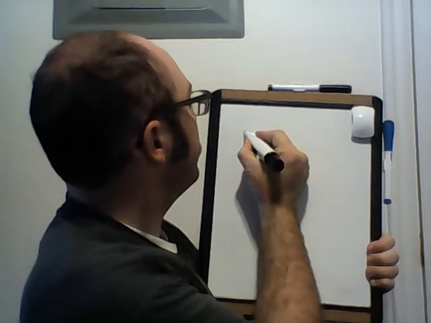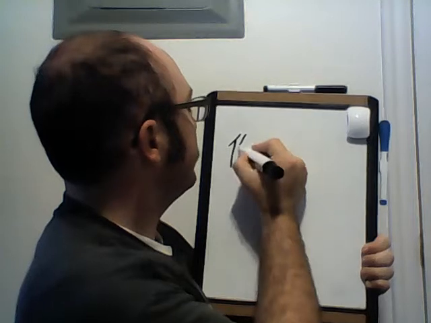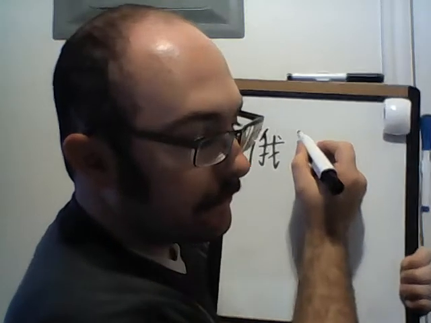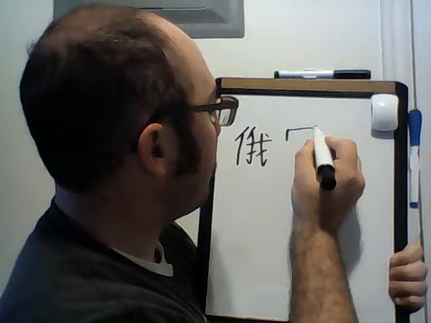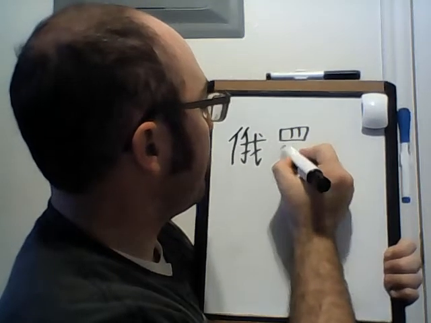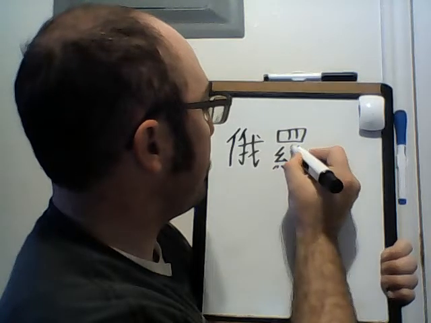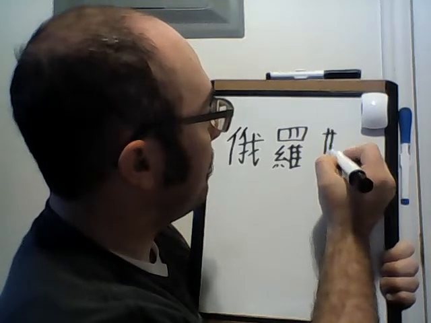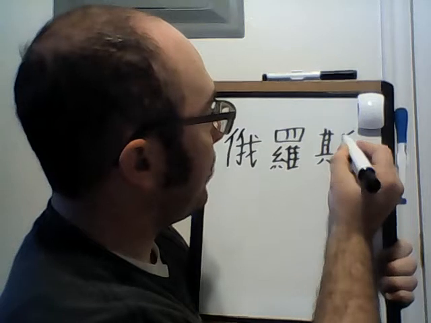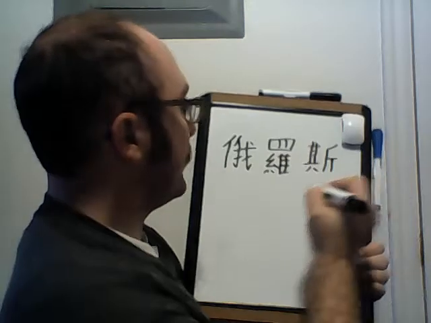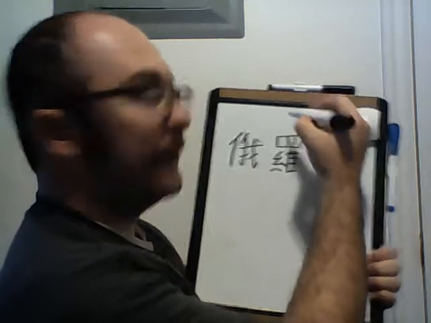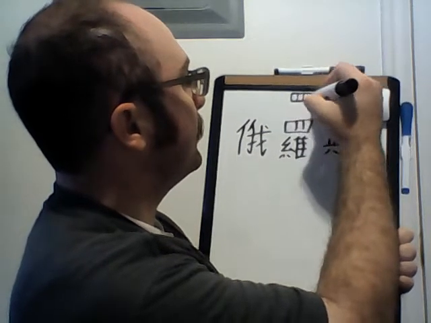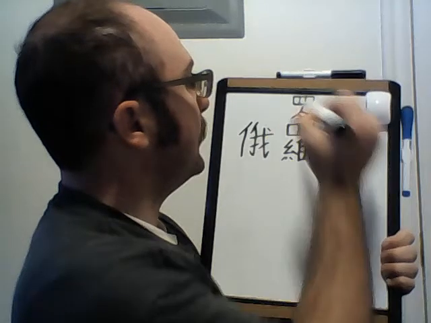So one that you'll see, the longer one, and this one has this middle character here that has a simplified version that is basically just this top bit again, and then that, and that's the simplified of this.